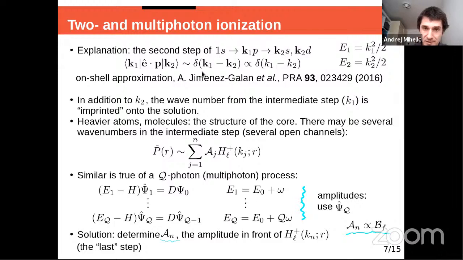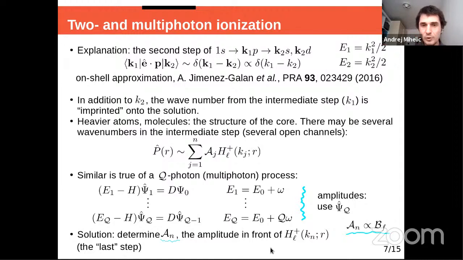And this two-photon approach can actually be generalized to many absorbed photons. In the case of multi-photon absorption, all of the previous wave numbers get imprinted onto the solution of the final step.